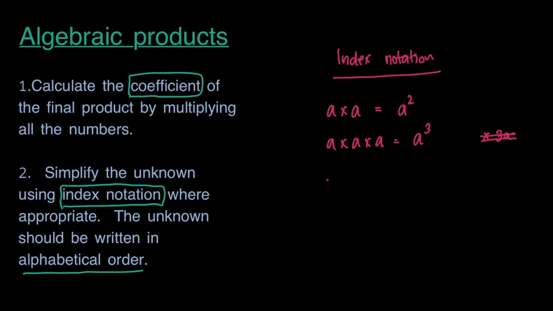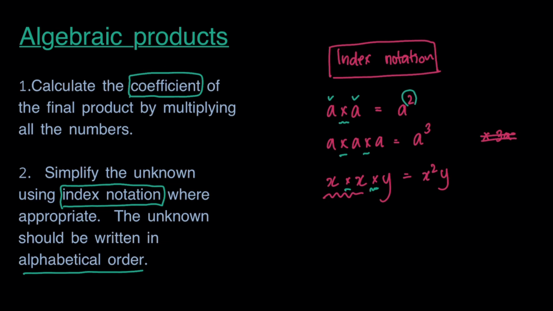If I have something like x times x times y, I have two x's being multiplied, so this is x squared followed by y. So within index notation, in the end, you are not writing the times signs, and depending on how many of those same variables you're multiplying, they become the power.